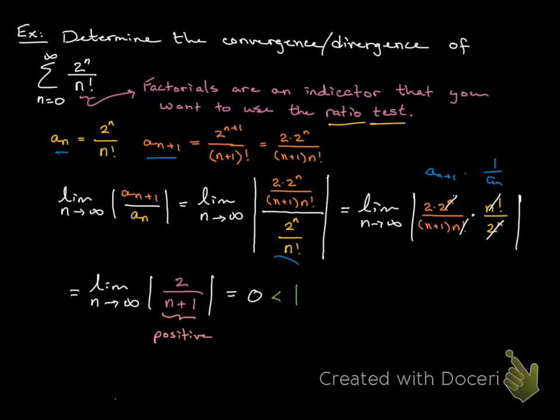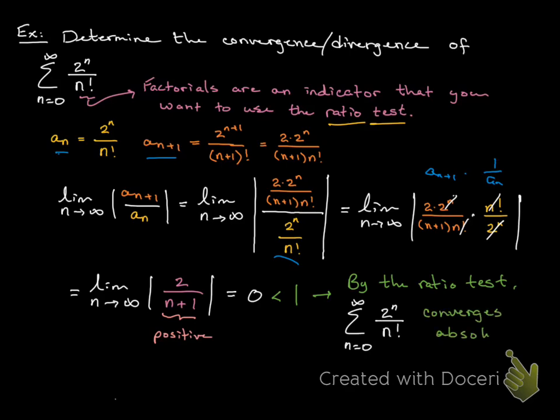I'm dividing by larger numbers. This limit is 0, which is less than 1. So I can say by the ratio test, the series 2 to the n over n factorial converges, and because the ratio test is the way it is, I can say it converges absolutely.